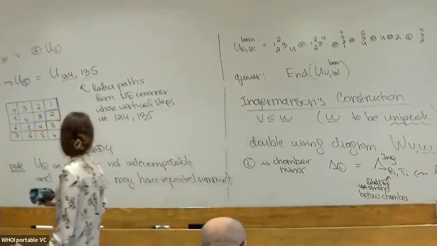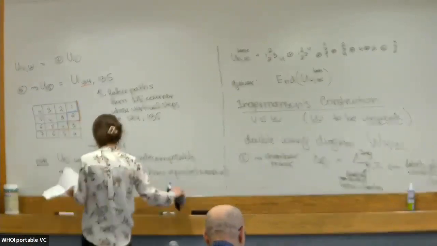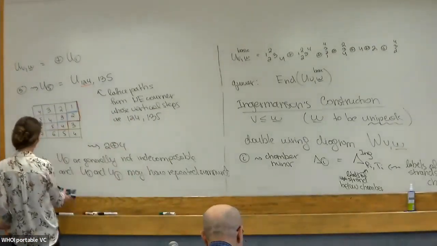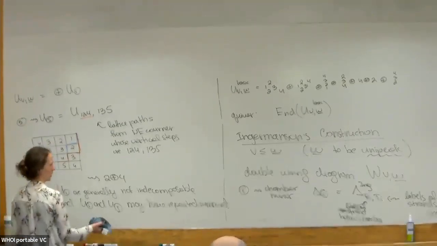Okay, and very lastly, I told you how to get the combinatorics, and the very last bit, let me tell you how to get the quiver, the seed of Ingermanson's.